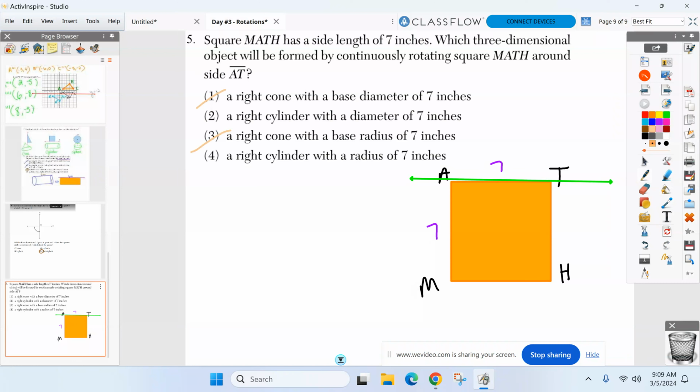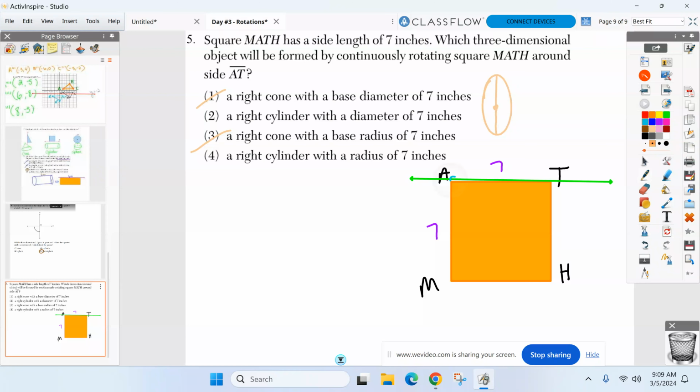All right, let's think about this visually. I rotate it around and around. Is it going to have a radius of 7 or a diameter of 7? Again, remember, there's a radius, there's the whole diameter. As you rotate this around, do we think the radius is going to be 7 or the diameter will be 7?